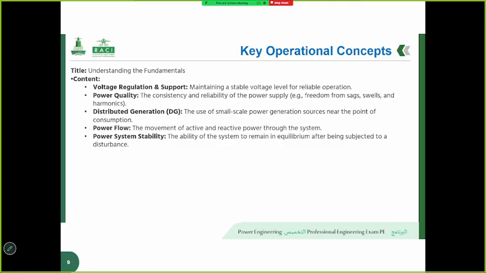Another subject is power flow, also known as load flow, which is the movement of active power measured in watts and reactive power measured in var through the power system. It is a crucial analysis tool for system operators and planners.